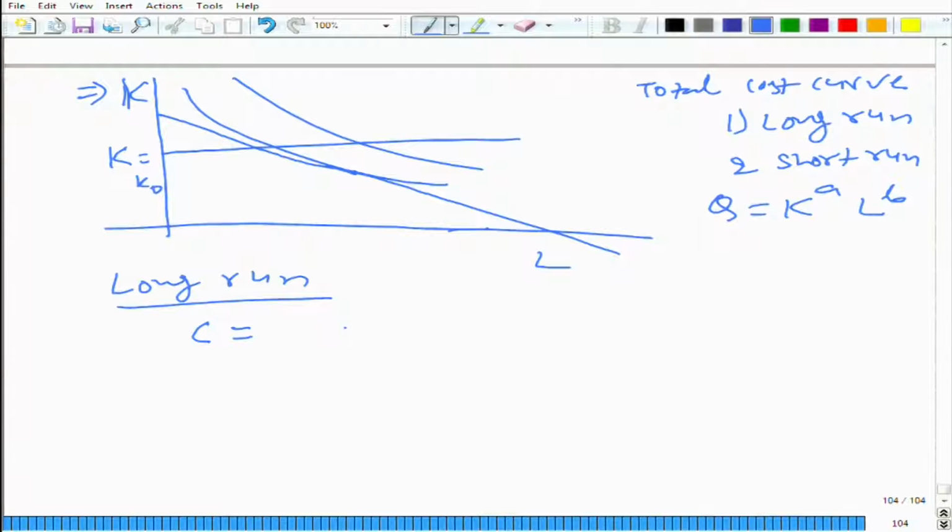So, the cost function is going to be a function of, let me say A is a constant, and you get it as a function of this, this is what you will get if you derive. Fine. So, now let us draw the total cost curve.